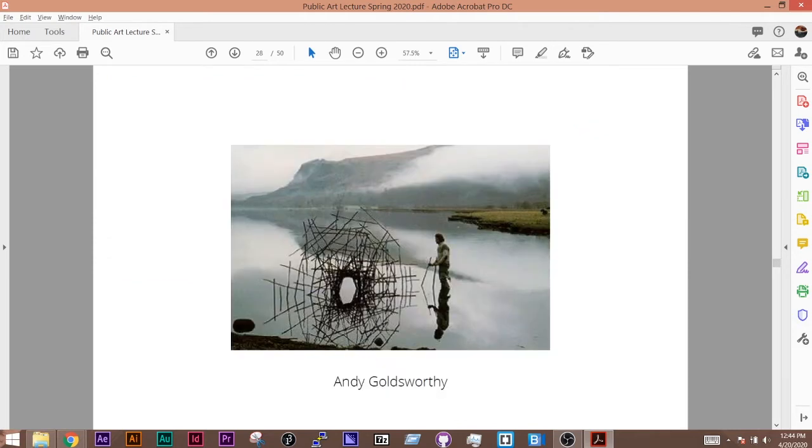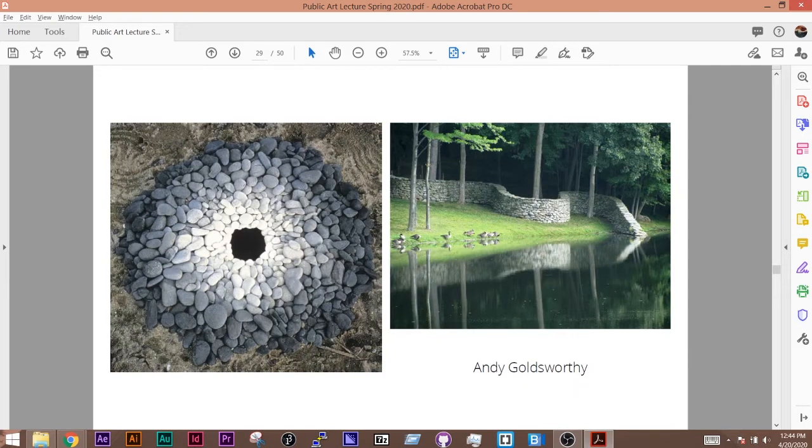Andy Goldsworthy is someone who also creates these aesthetic gestures in the landscape, using found natural objects such as stones and wood to create these really beautiful gestures within a space.